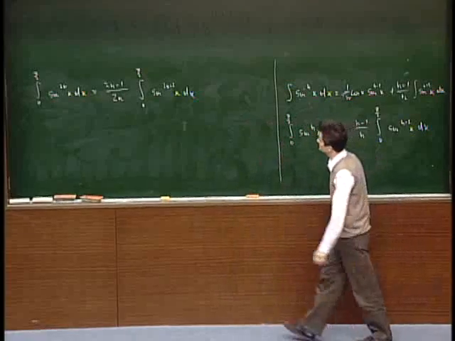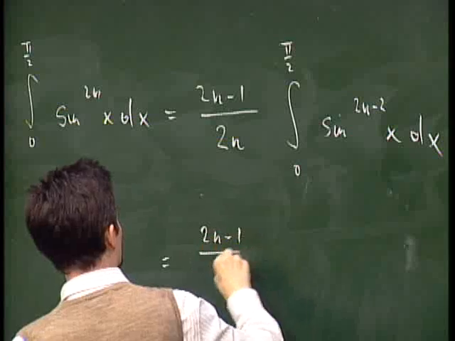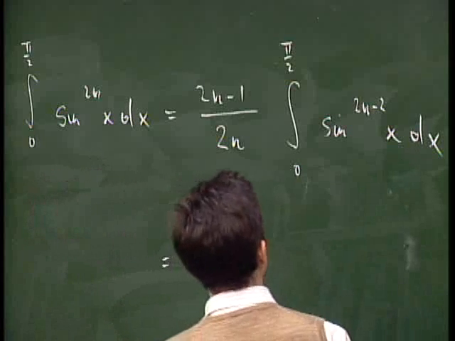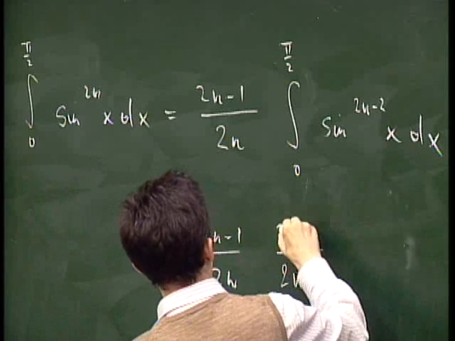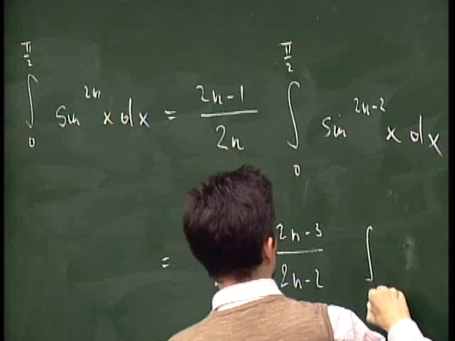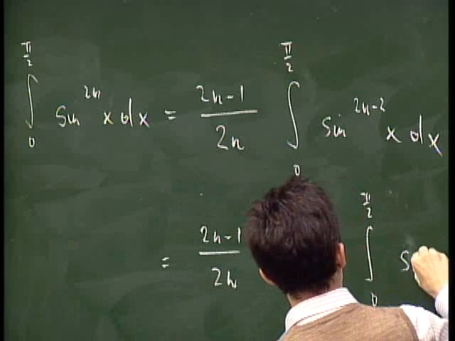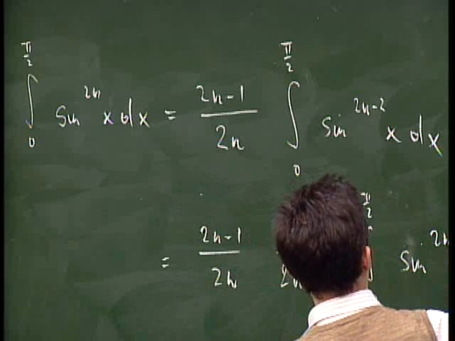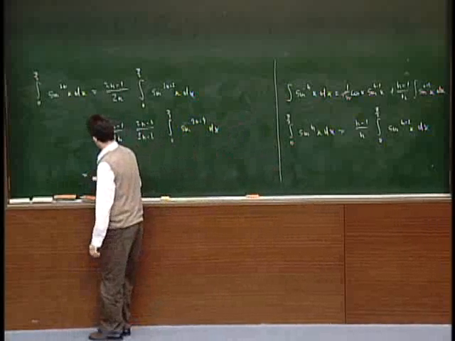Now you repeat this once more. So you get 2n minus 1 over 2n, and from here you get 2n minus 2 over 2n minus 3, and then the integral from 0 to pi half of the sine of 2n minus 4 dx. And you go on like this. Now what do you get?